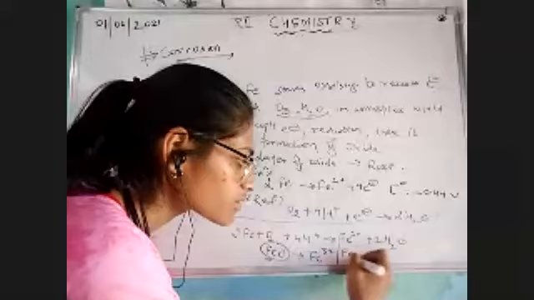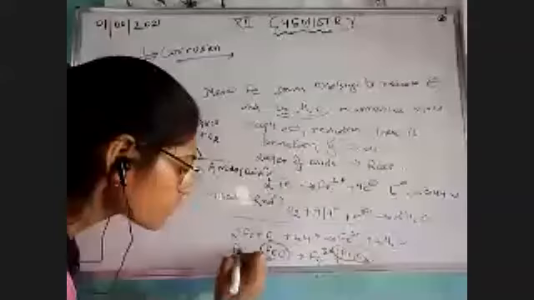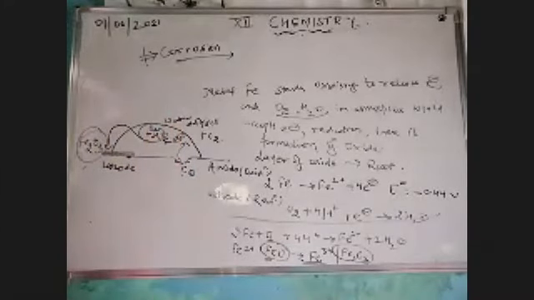Now this iron 2 positive is further oxidized with the help of oxygen, and it would convert to iron 3 positive, that is ferric oxide. This is known to be rust. Okay, this is how the corrosion, or we can say the rusting, takes place on the metallic surface.